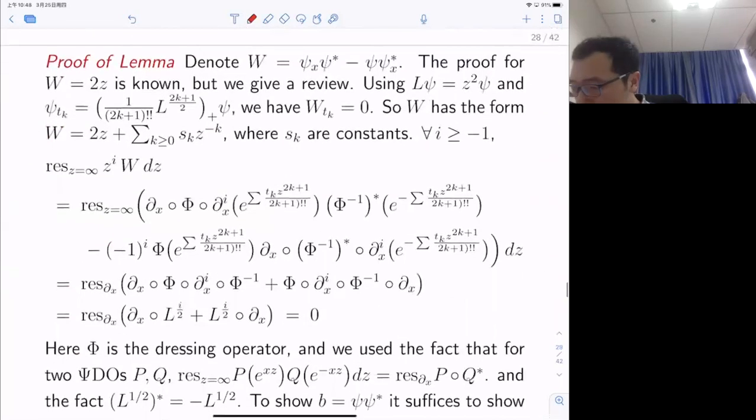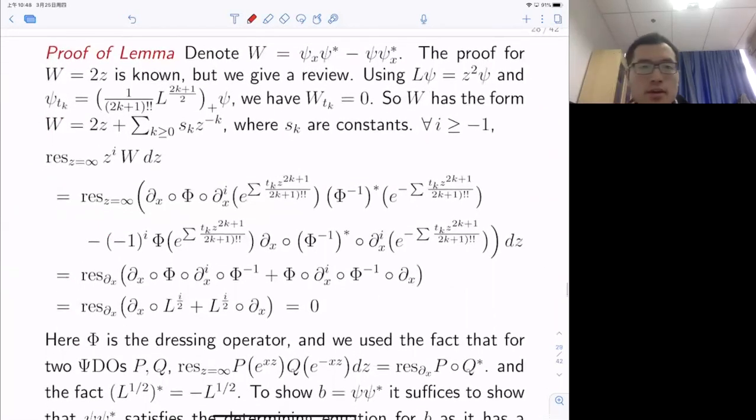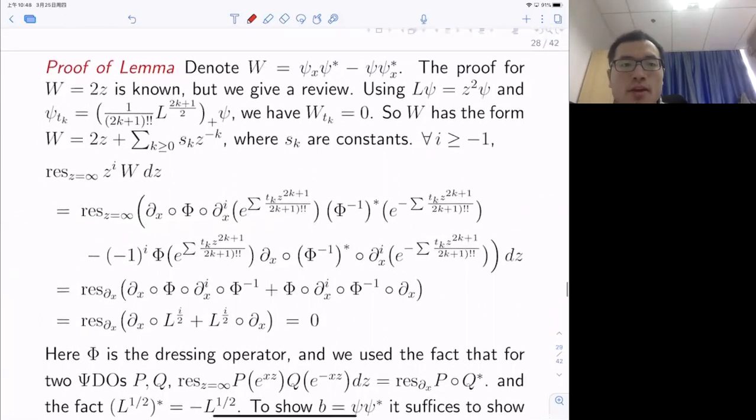It's a very standard proof. First we prove this determinant is indeed Z. To see this, it's easy to see that all the derivatives of W with respect to the times are 0. So it means this W can only have this form, with these S_k being pure constants.